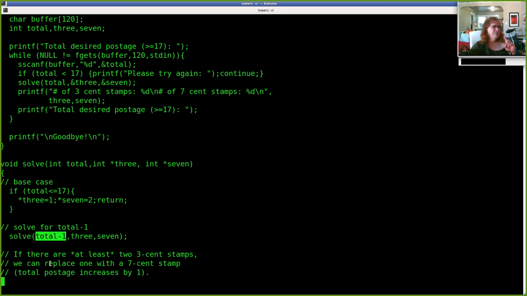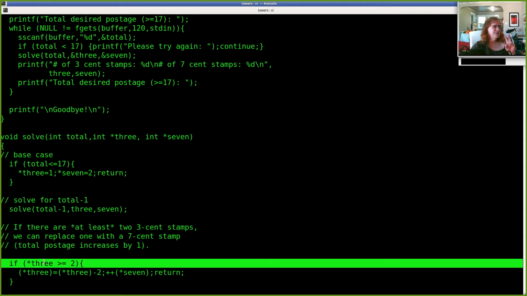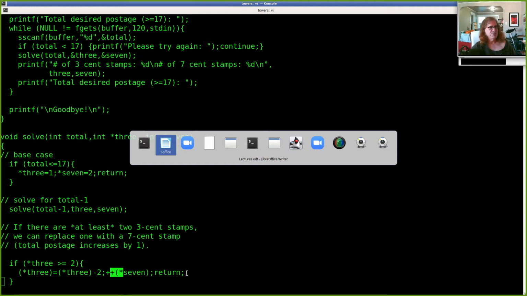And then we're going to look at our 2 cases. If you have at least 2 3-cent stamps, we're going to take away 2 of those, and add 1 7-cent stamp. Again, don't get bogged down with the asterisks and all of that stuff. This is ignoring the C weird syntax. This is a direct translation of what we were doing.